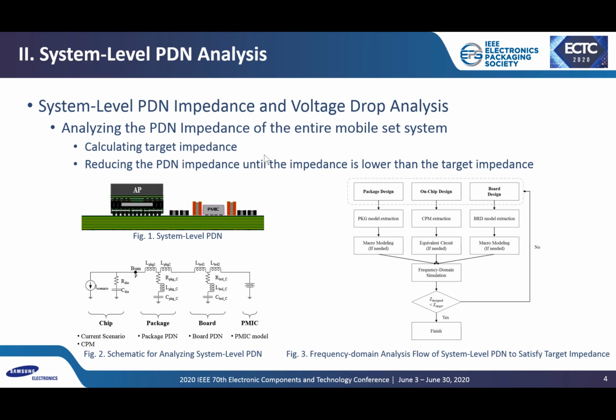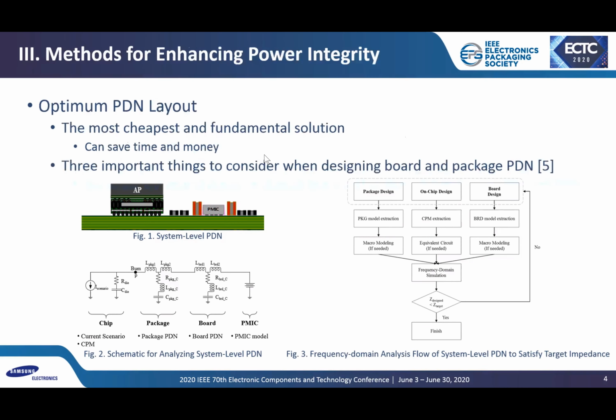The obtained target impedance becomes the standard for the PDN impedance of the entire system, and the design is carried out to lower the impedance as in Figure 2. As in Figure 3, this process is repeated until the impedance is lower than the target impedance.